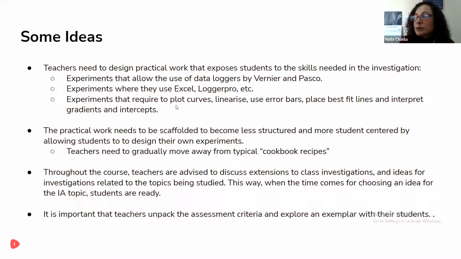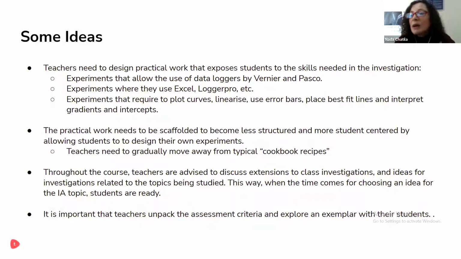Experiments that require them to plot curves, to use error bars, to linearize, and show the thinking process for linearization, using the graph in front of them and using the equation, and then place best fit lines, interpret gradients, interpret intercepts.